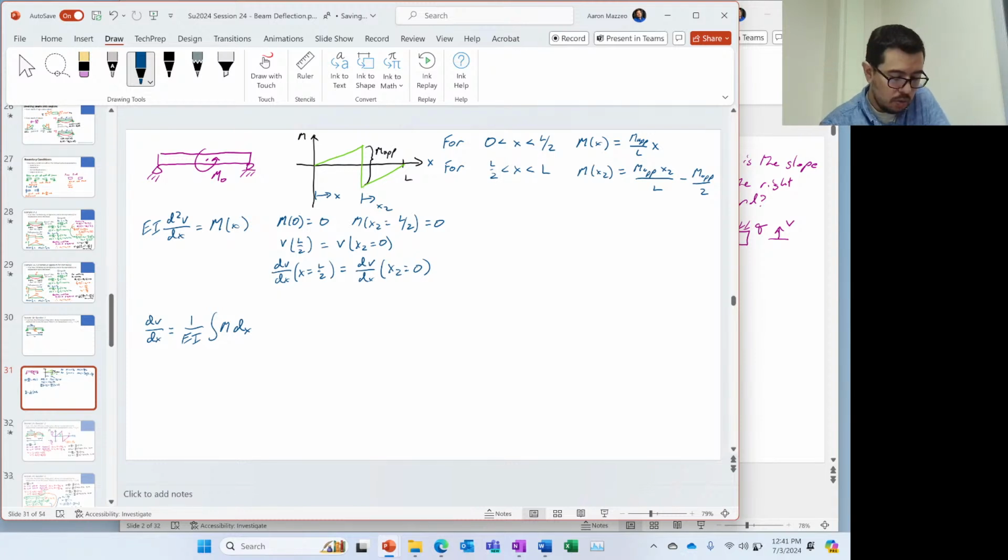Okay, so we can break this down and say that we have now 1 over EI, and if we use this upper one here, this will now be M_AP over 2L x squared plus a constant.